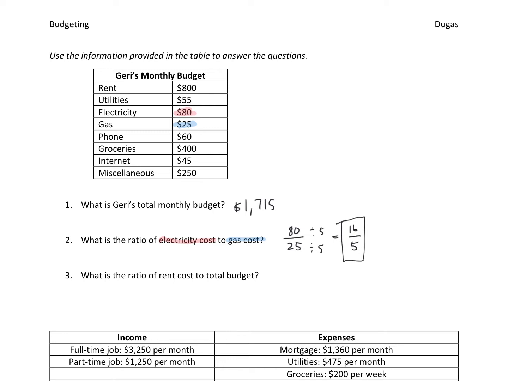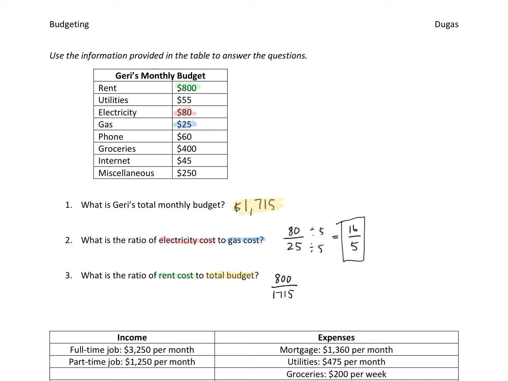Number 3, what's the ratio of rent cost to total budget? So rent is $800, and the total budget is what we found in part A. So we'll make a fraction out of that. So that will be rent is $800 to total budget is $1,715.